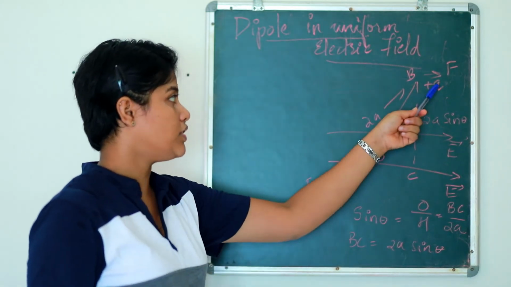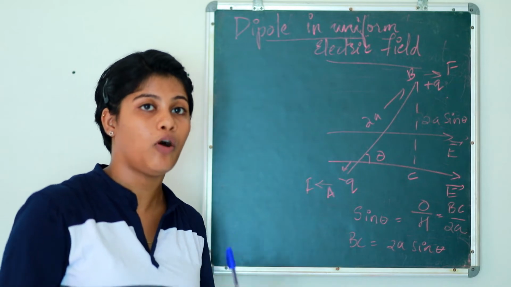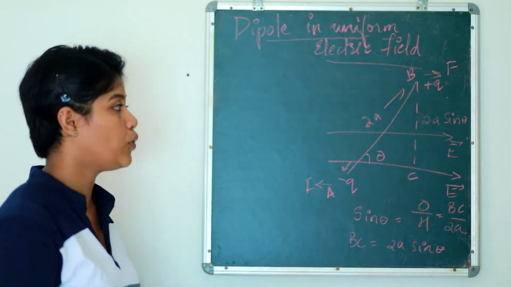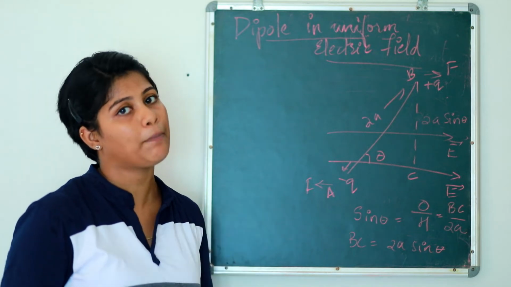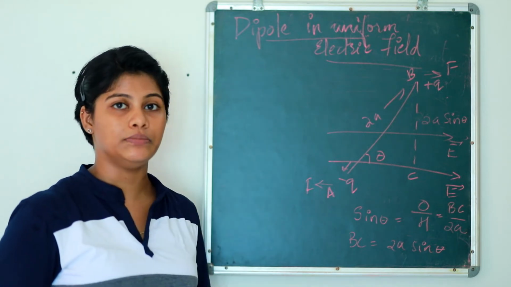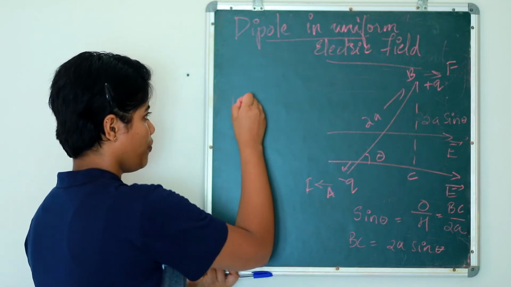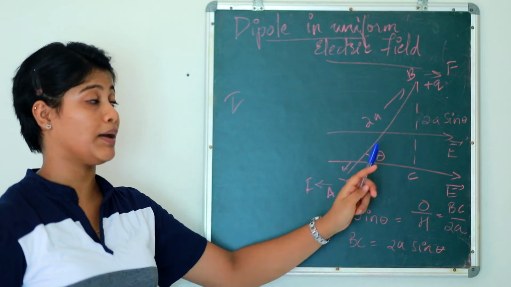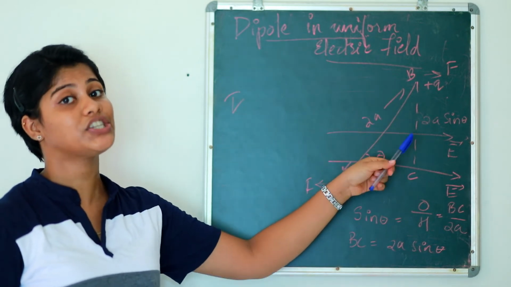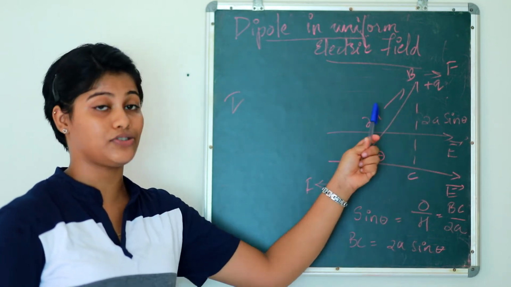Both charges will be experiencing an equal and opposite force. So due to this force, there is a generation of a couple. This couple can be termed as the torque. This torque is what helps this dipole in creating a rotating effect inside this electric field.